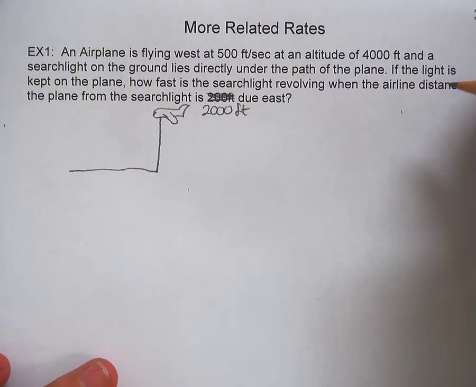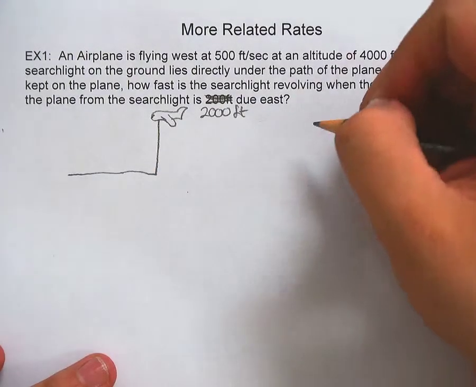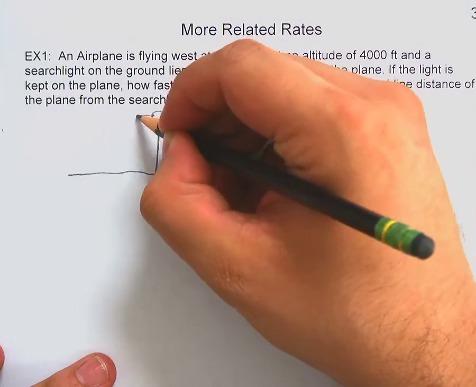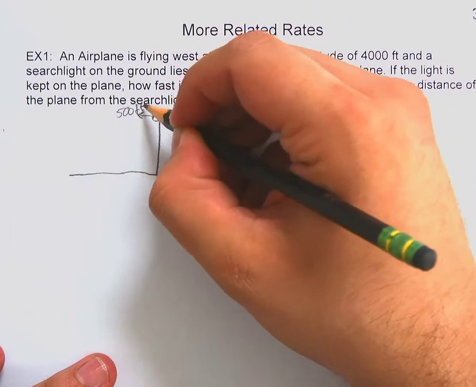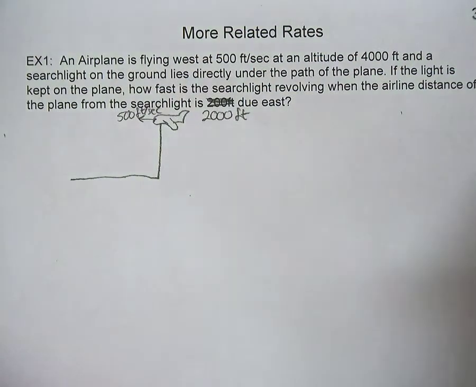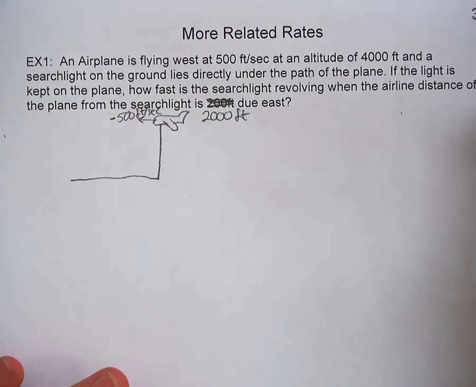And it says it's flying west at 500 feet per second. Uh-oh. That's a direction, isn't it? It's going this direction at 500 feet per second. But what do you know about left directions? We count those as negatives in the real world.